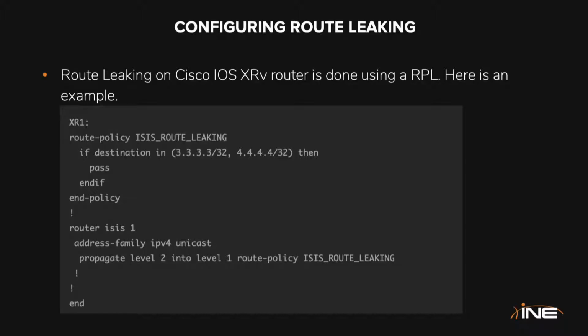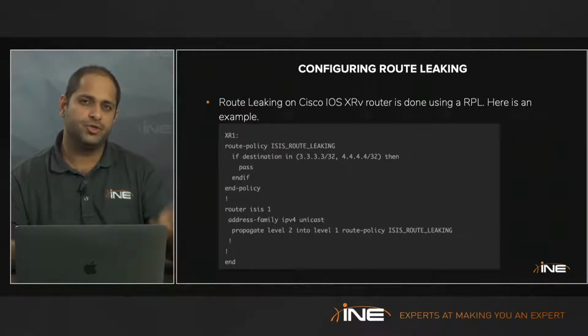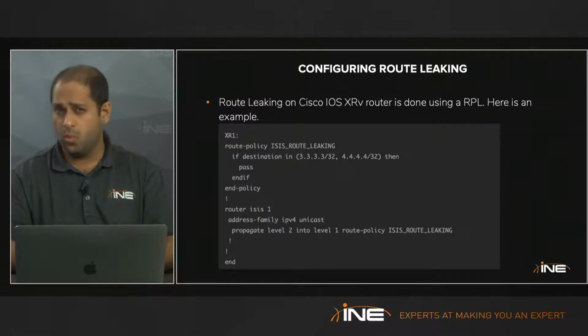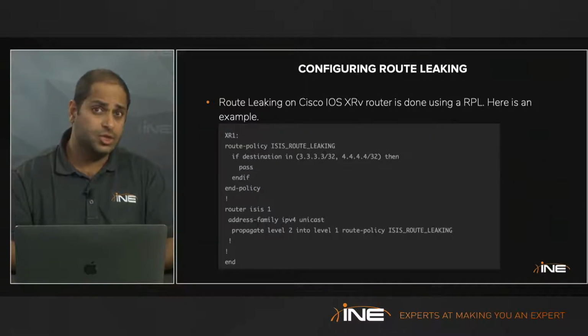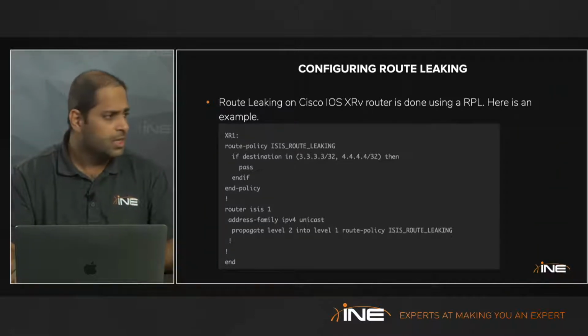And here I've said propagate, so the command in IOS XE was redistribute, and in IOS XR it is propagate. They still mean the same thing, that I am going to leak the route from level 2 into level 1 or level 1 into level 2. So here we are leaking level 1 into level 2. Or in fact level 2 into level 1 using this example.